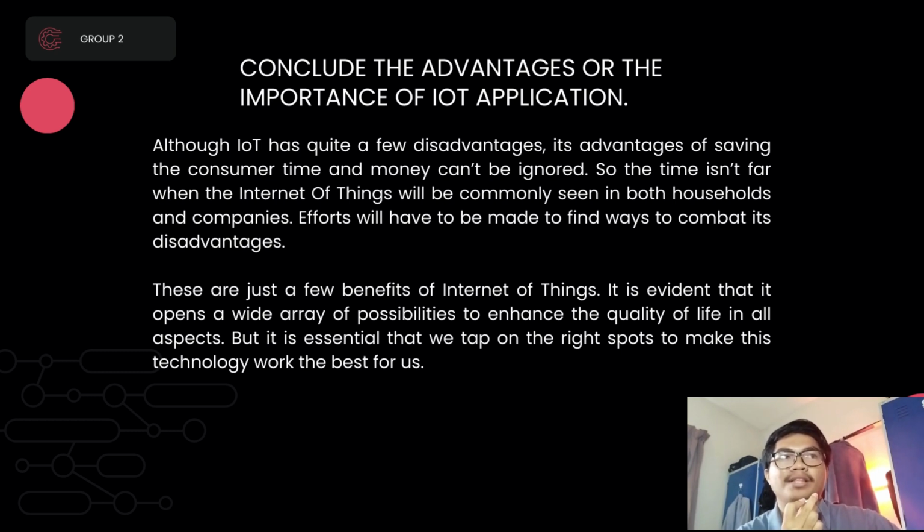Efforts will have to be made to find ways to combat its disadvantages. These are just a few benefits of the Internet of Things. It is evident that it opens a wide array of possibilities to enhance the quality of life in all aspects. But it is essential that we tap the right spot to make this technology work the best for us.